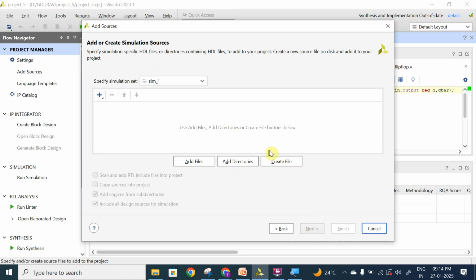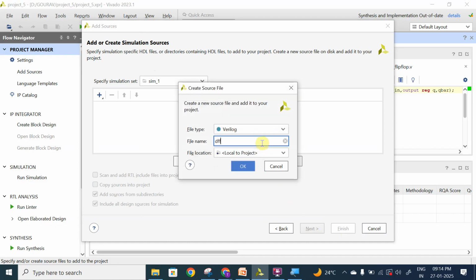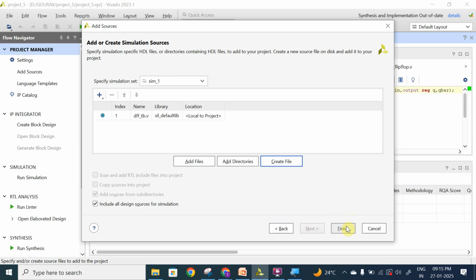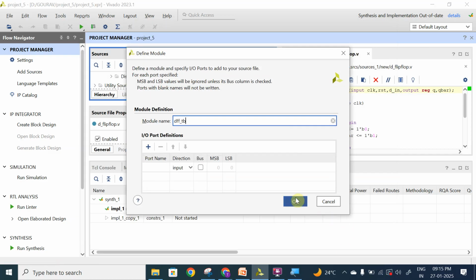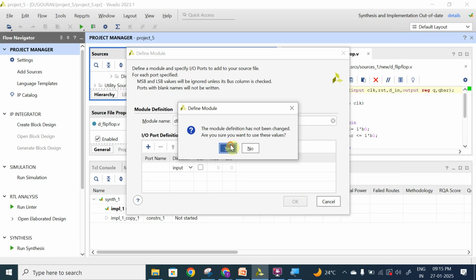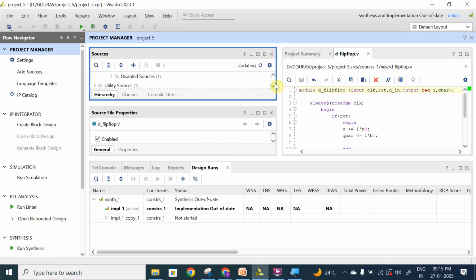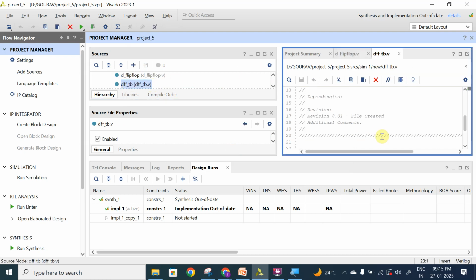Next, create file dff underscore tb. Okay, finish. Let me open this file, dff underscore tb.